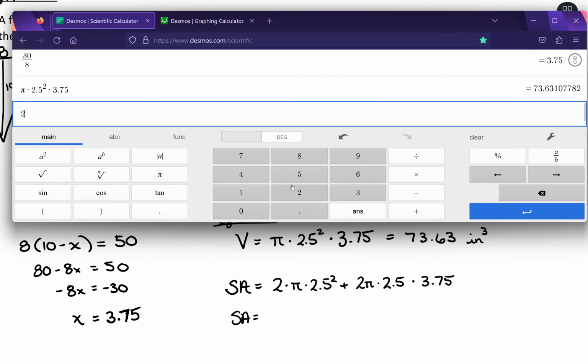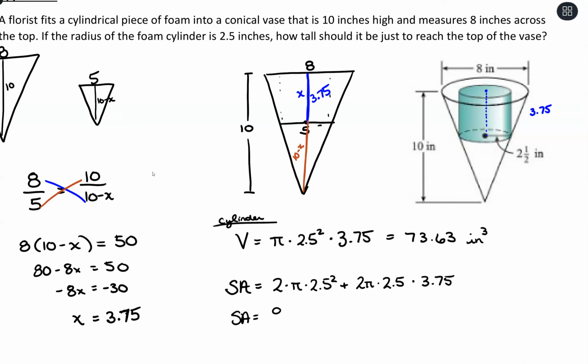Let's go 2 times pi times 2.5 squared plus 2 times pi times 2.5 times 3.75. Okay, 98.17 inches squared, or square inches.